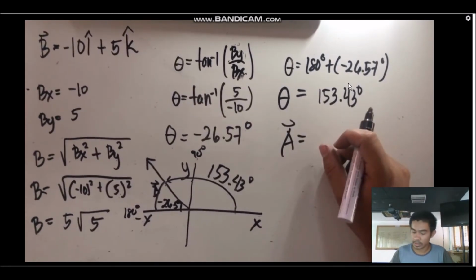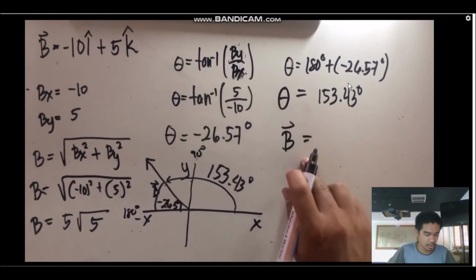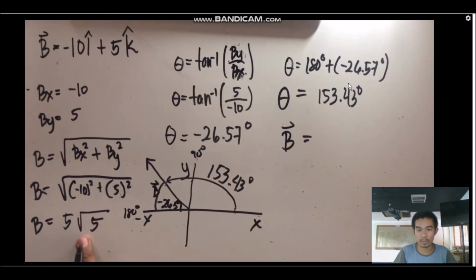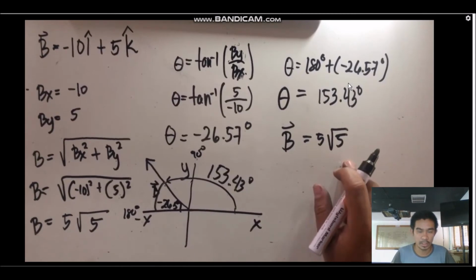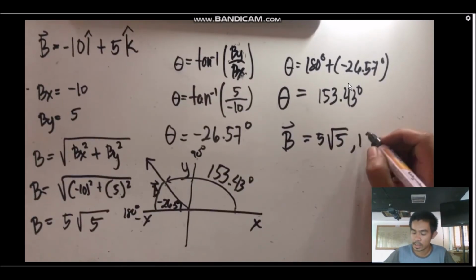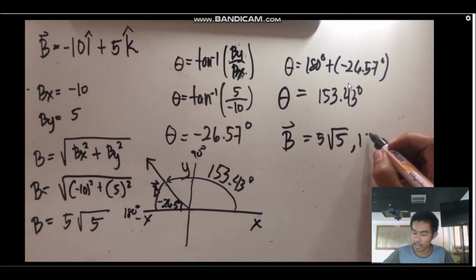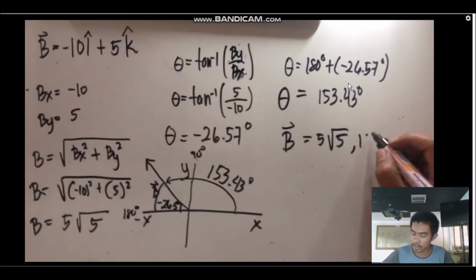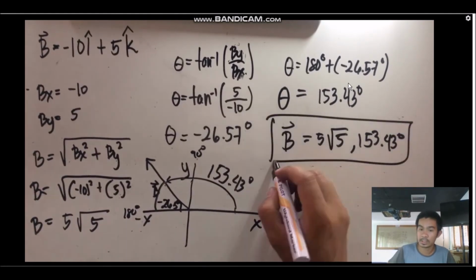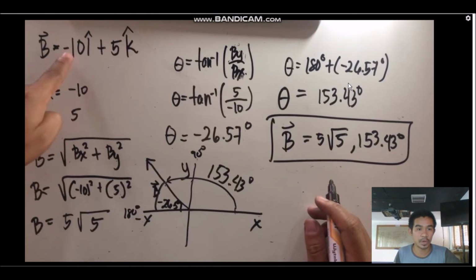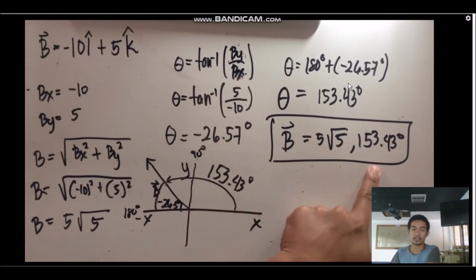Vector B has magnitude 5 square root of 5, and then the direction is 153.43 degrees. So a vector in terms of components is expressed in terms of magnitude and direction.